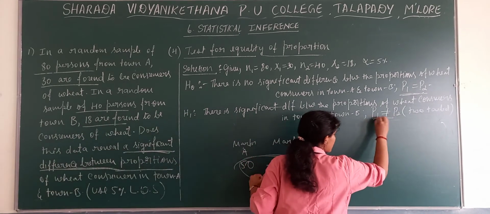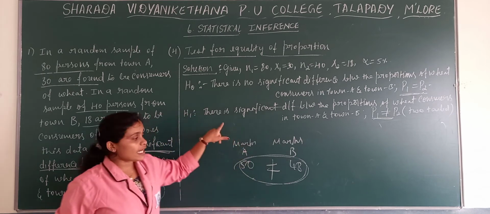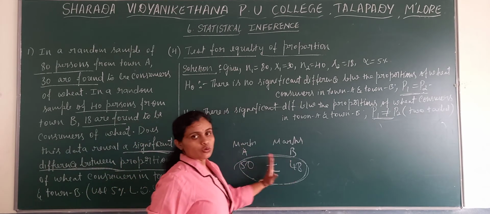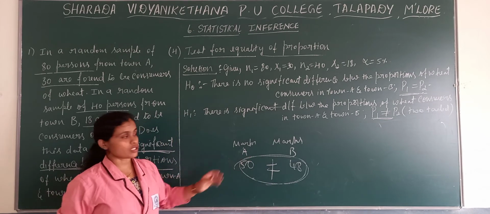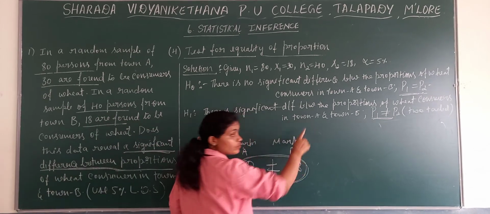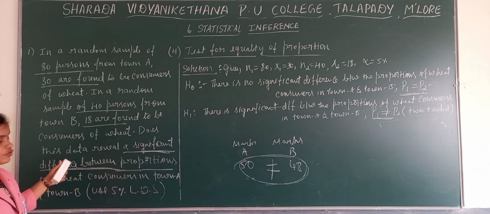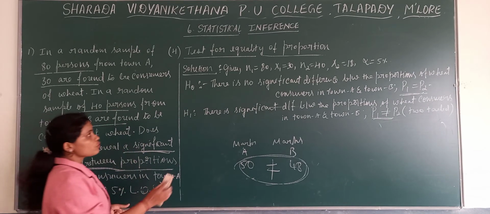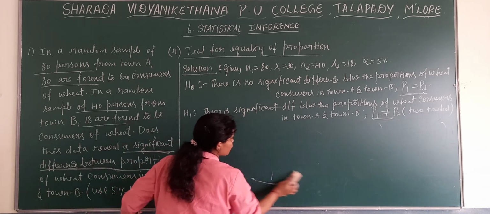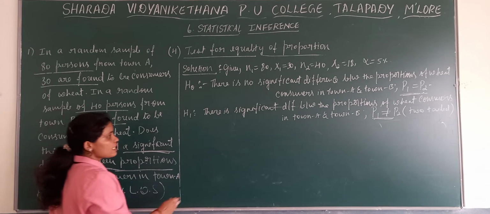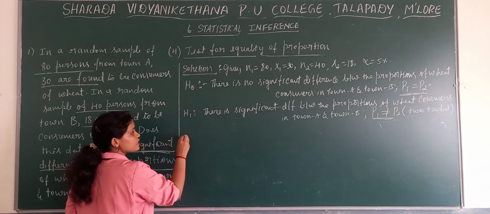When we need to show not equal, we write that there is significant difference. There is a difference between the two population proportions. In the same way, here we have taken. So always remember, where you get a question like significant difference, you write there is no significant difference for the null hypothesis, and here it is, there is significant difference for the alternative. Next, write the test statistic.